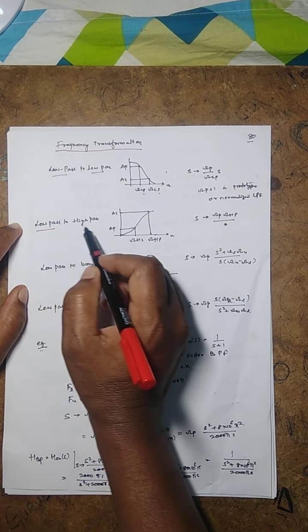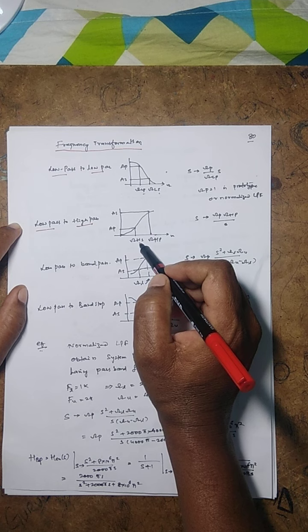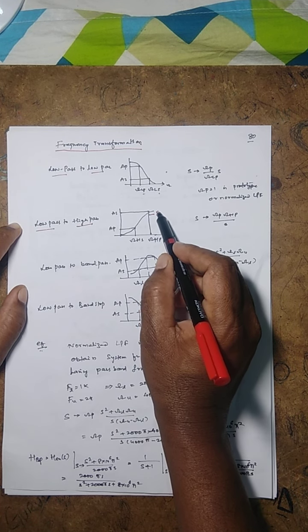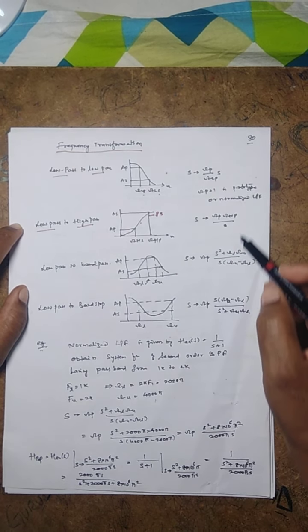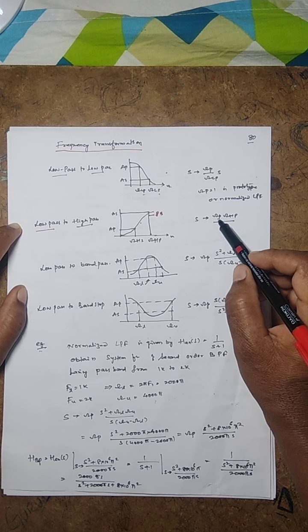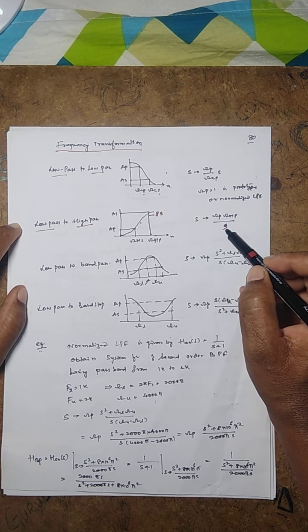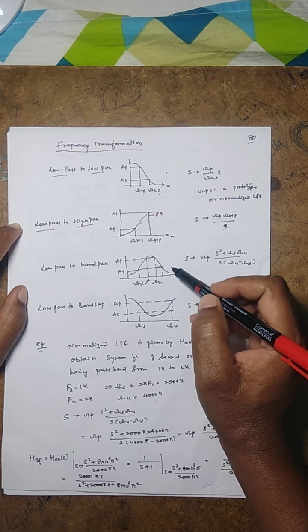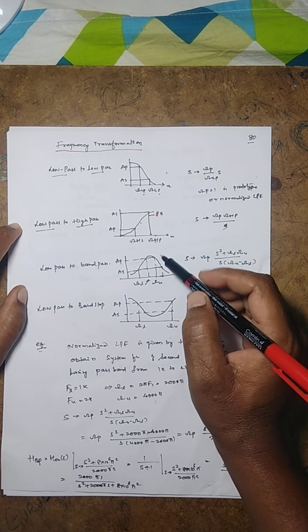Then low pass to high pass: this is a high pass, omega HS stop band, omega HP pass band. This is a pass band, this is a stop band, this is a transition band. S is replaced by omega P into omega HP divided by S. For low pass to band pass, this is a band pass, with pass band attenuation and stop band attenuation.